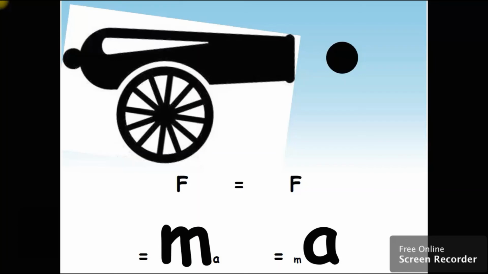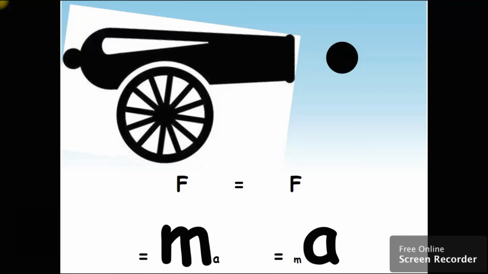When they get fired, I didn't draw in the explosion, the smoke and fire and all that. The force on the cannonball is the same as the force on the cannon. Why? Because the force that pushed the cannonball out pushes the cannon backward, and forces always come in pairs that are equal and opposite in direction.